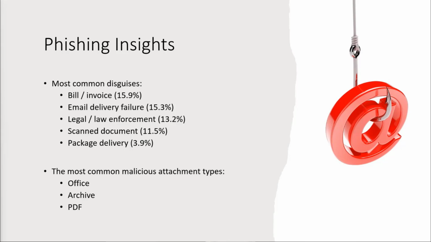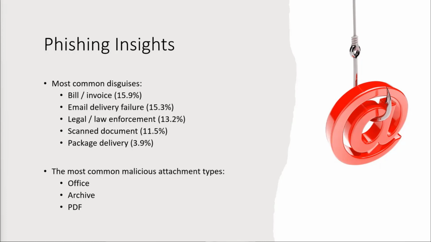And often malicious attachments might be included in those emails, and those attachments could be Office documents, archives, malicious PDF documents, and so on. So that's typically how we see malicious email or phishing emails directed at individuals in our company.